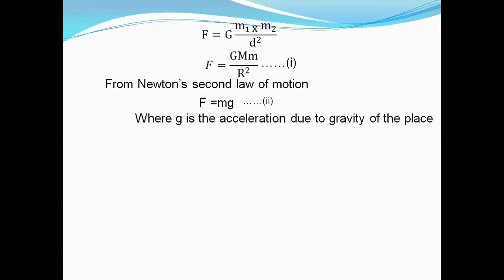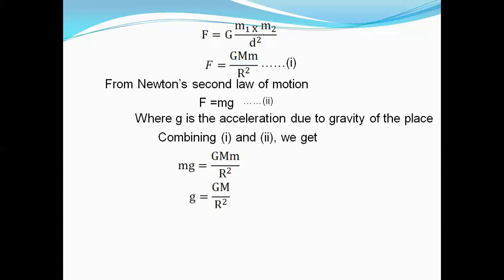If we combine 1 and 2, we get G M m by r square equals mg, just writing it opposite for our convenience. So m and m will cancel each other, leaving g equals G M by r square. If you see in this formula, there is no small m. It means there is no mass of the object. So acceleration due to gravity does not depend upon the mass of an object.